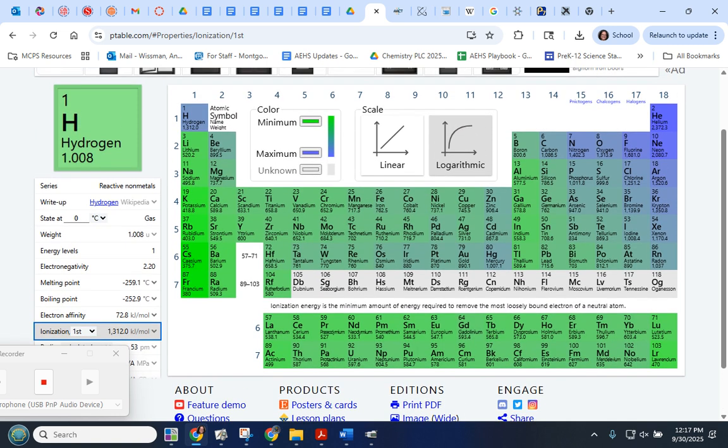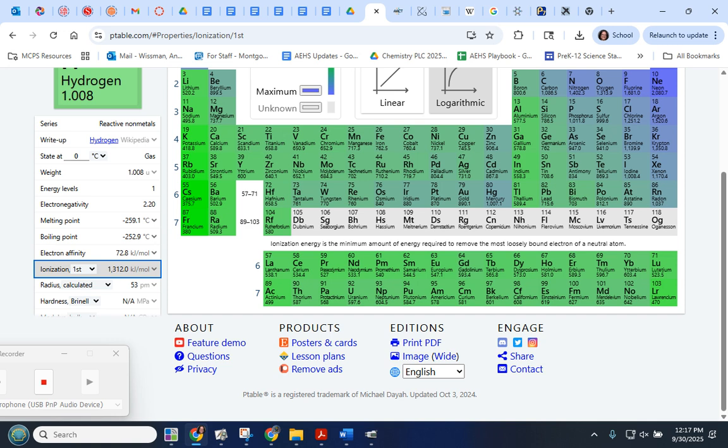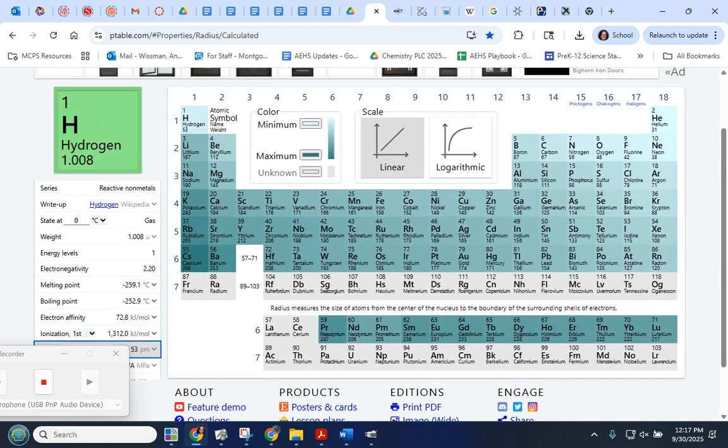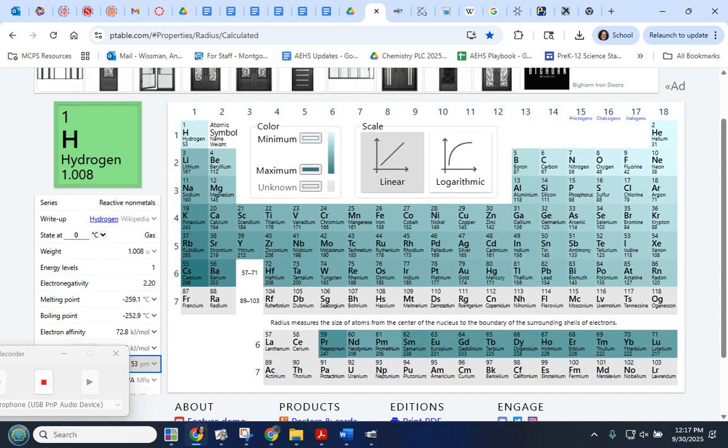So ionization energy is increasing as we go across, or actually let's not use ionization energy because we're going to talk about discontinuities later, and I don't want to talk about it right now. Let's look at atomic radius. So you can see that atomic radius is decreasing as we go across in every period, okay?